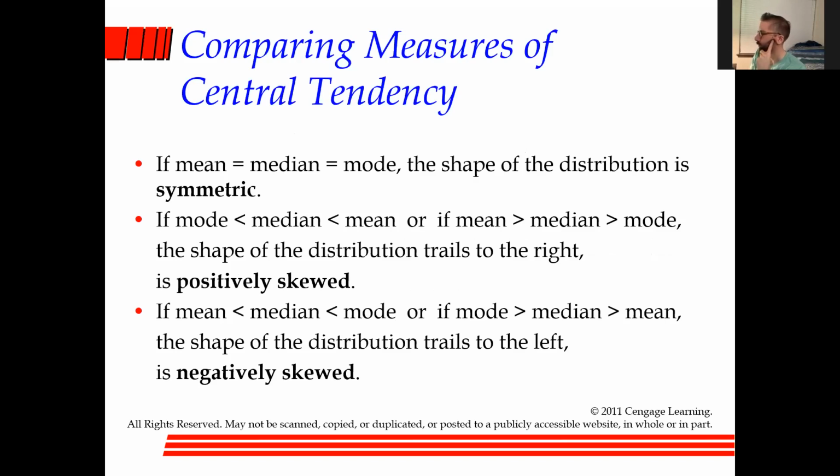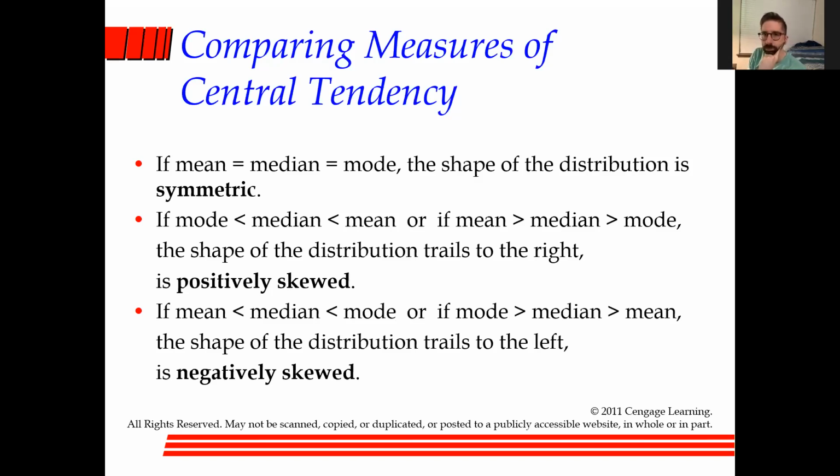It's never exactly equal. But if they're pretty close to being equal to each other, then we could say this is a symmetric distribution. Bell-shaped curves are an example. We could have data where every number in the data set is the same number, right? Uniform, it's called. That's also where the mean, median, mode are the same.